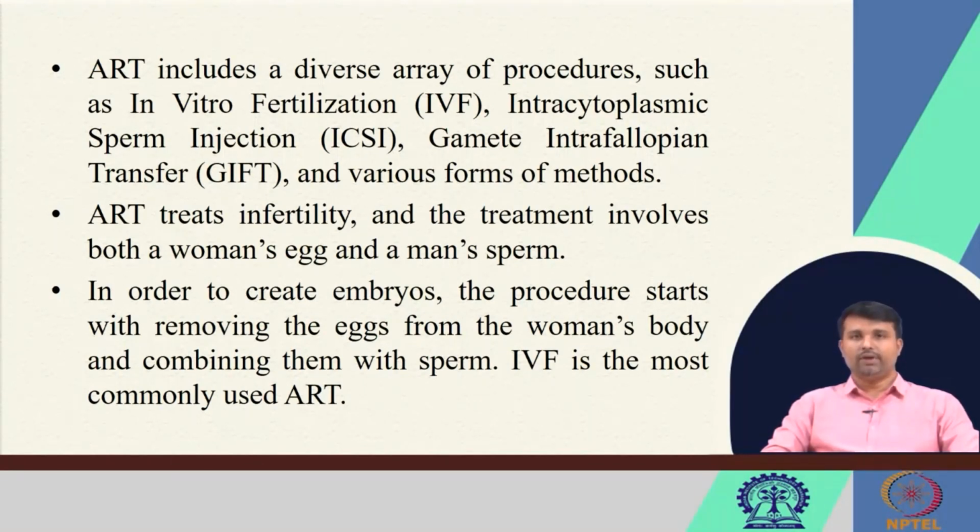ART treats infertility, and the treatment involves both a woman's egg and a man's sperm. In order to create embryos, the procedure starts with removing the egg from the woman's body and combining it with the sperm. IVF is the most commonly used ART.